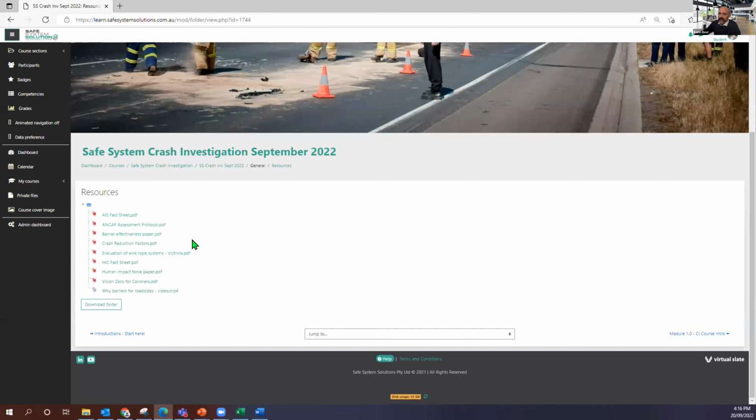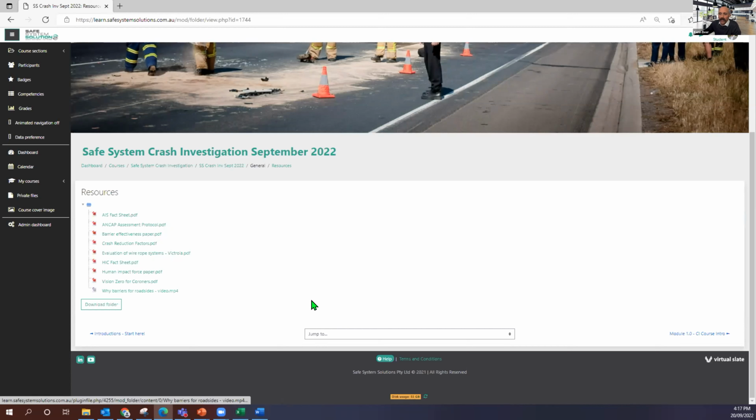There's also the ANCAP assessment protocol, some paper on barrier effectiveness, which somebody asked for, information on crash reduction factors, another on wire rope safety barriers, the head injury criteria fact sheet, the human impact force paper, the Vision Zero for coroners, and the New Zealand link to that website, which is a good one.